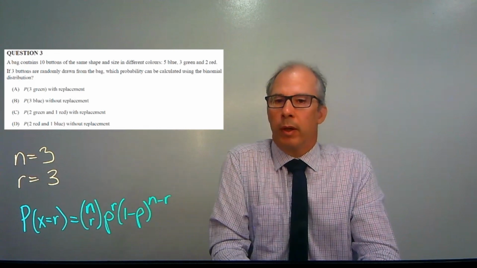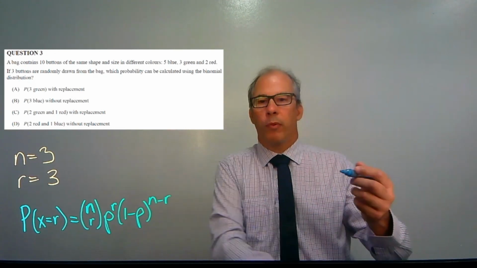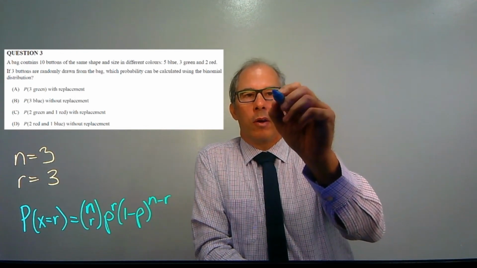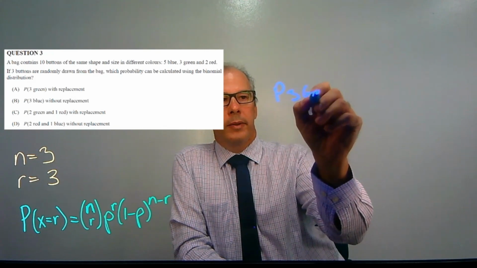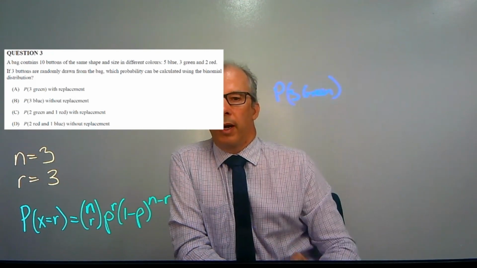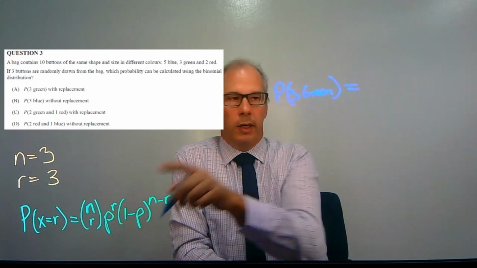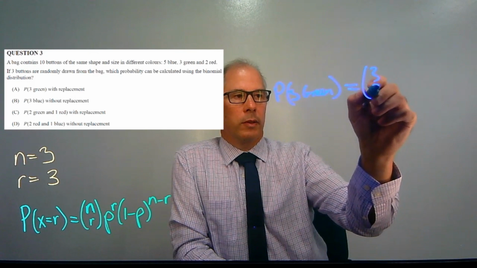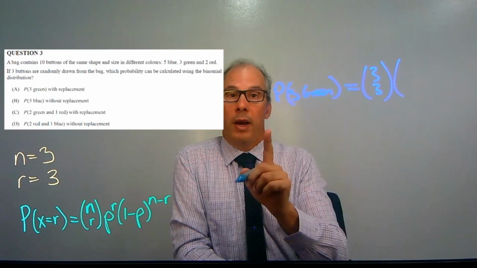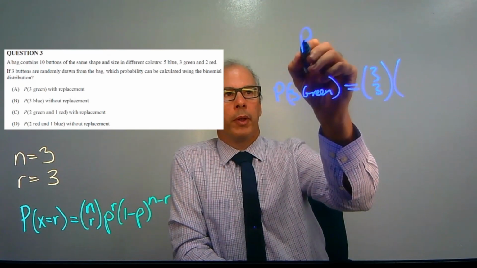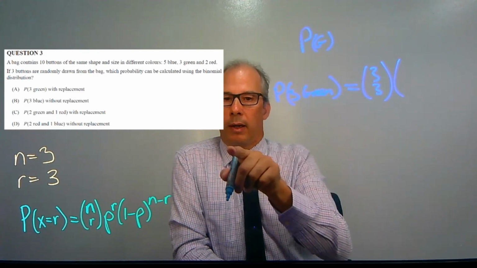Can we use the binomial distribution for that? Well, let's test it out. The probability of 3 green is what we're after, and using this information, I can set up 3 choose 3. My probability of success, I need to know that. We want green. How many objects are there?